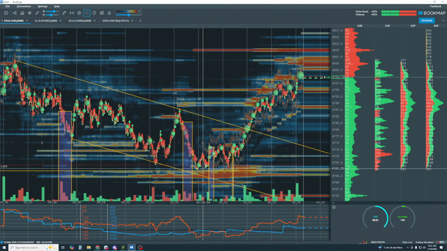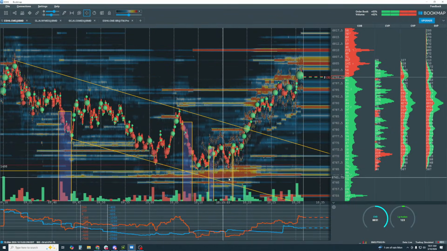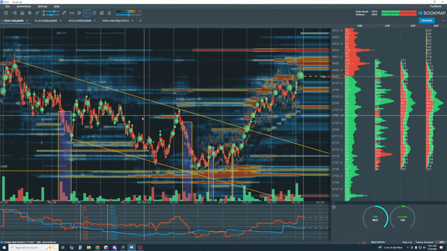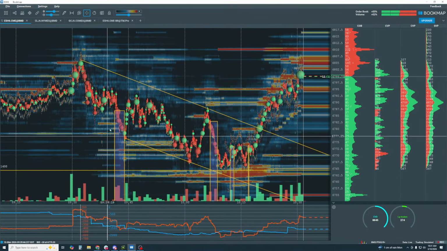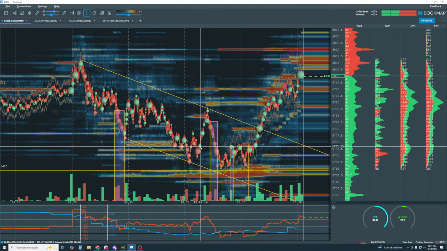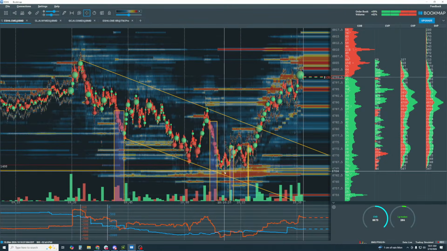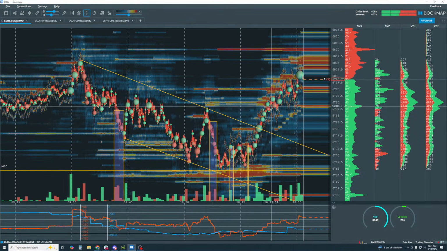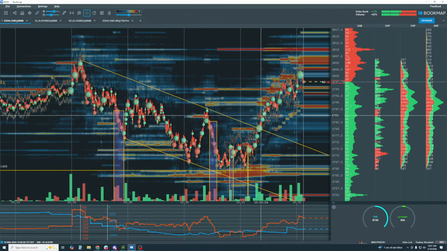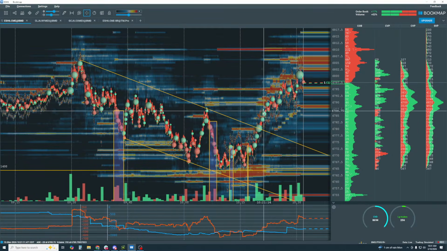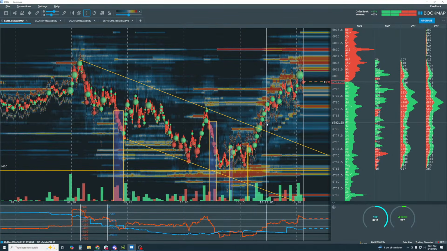It never went there. We started to see some of these clusters of buyers that we had mentioned, and then compared it to the clusters of selling. And it's not easy. We accepted above this. We're still in the same theme here. The buyers are coming in and taking price higher.